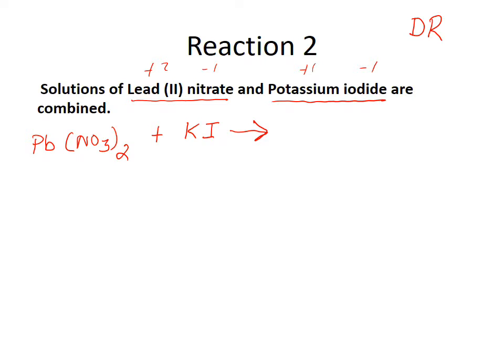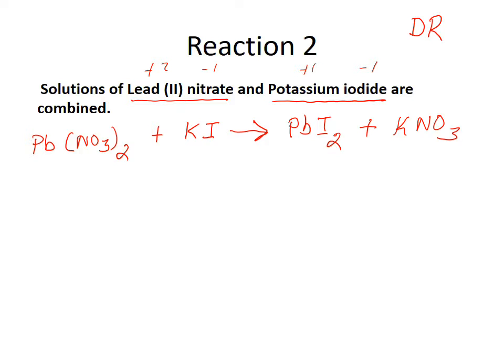So the potassium and the iodine will combine. We'll have Pb with a plus 2 and I with a minus 1, so it has to be PbI2. And then we have the nitrate and the potassium, so that would be KNO3. This potassium is plus 1 and nitrate's minus 1.